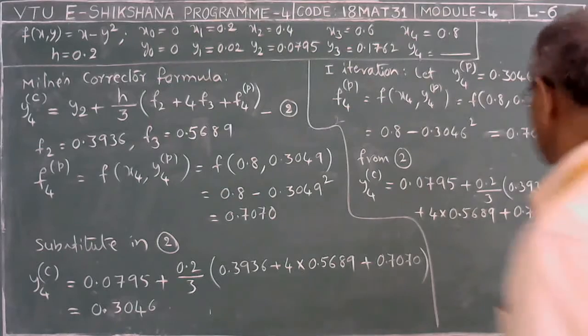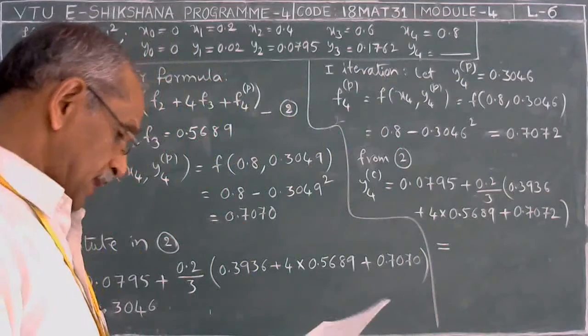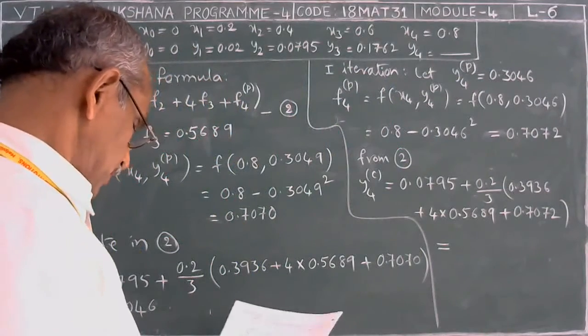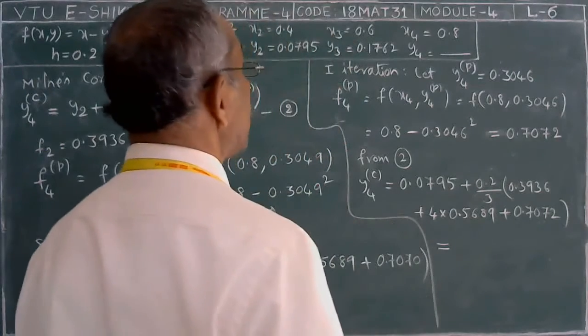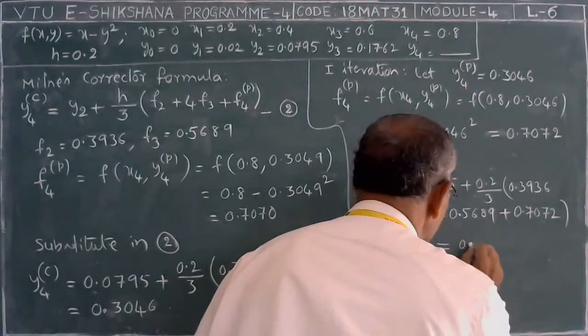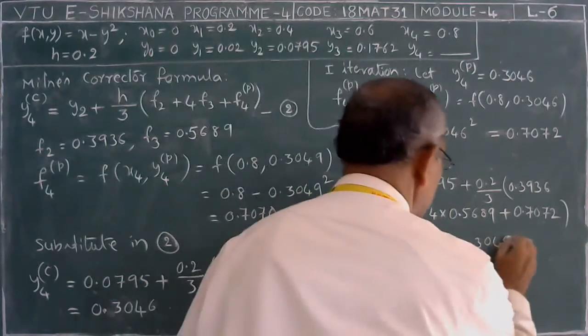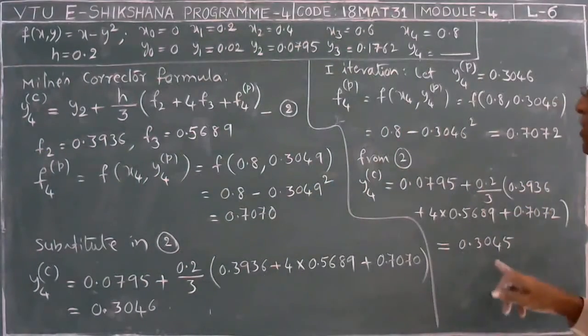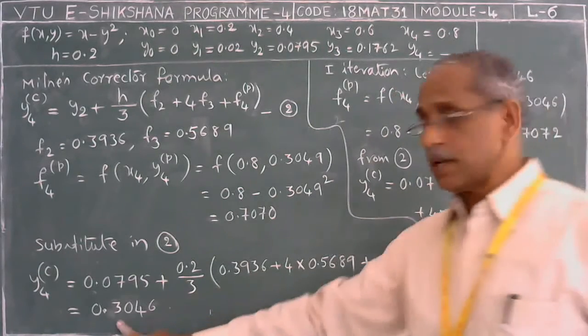Close the bracket. So, if you carefully calculate using a calculator, this will give you 0.3045.